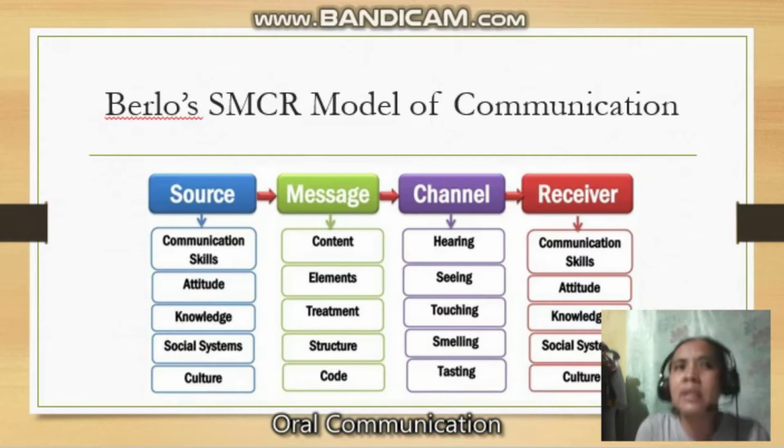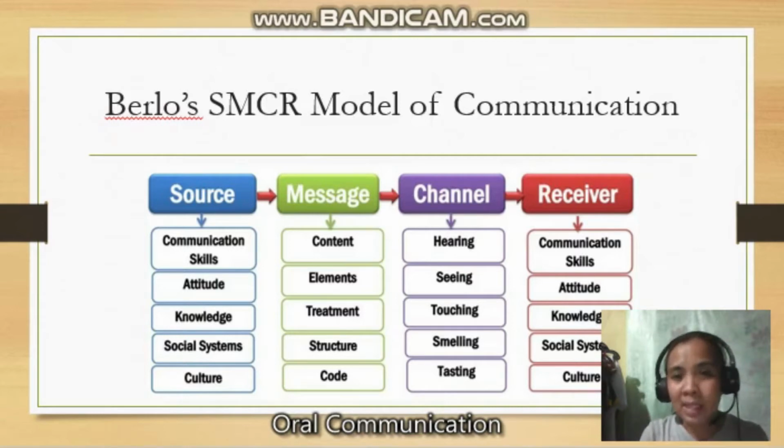Now, the criticisms to this model of communication is that there is also no concept of feedback. So the effect is not considered. There's also no concept of noise, which was present in Shannon-Weaver model of communication. Those barriers in the communication process.